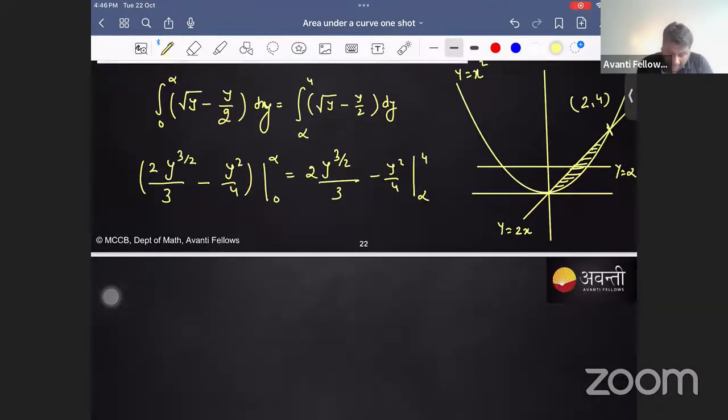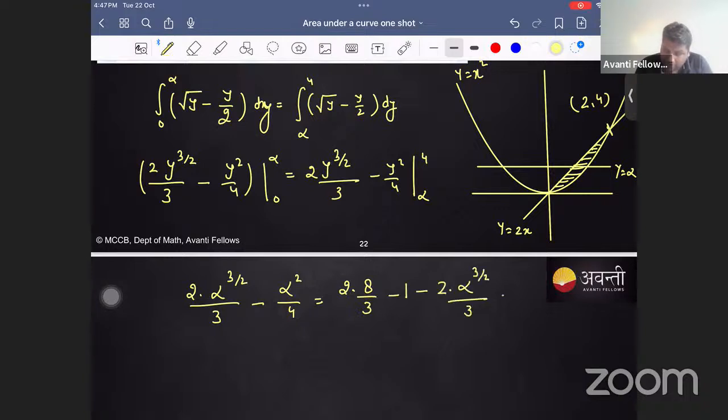Now if you put the upper limit, it will be 2 times alpha to the power 3 by 2 upon 3 minus alpha square by 4 equals 2 times 8 by 3 minus 4, minus 2 times alpha to the power 3 by 2 upon 3 minus alpha square upon 4. So it will become plus alpha square by 4.